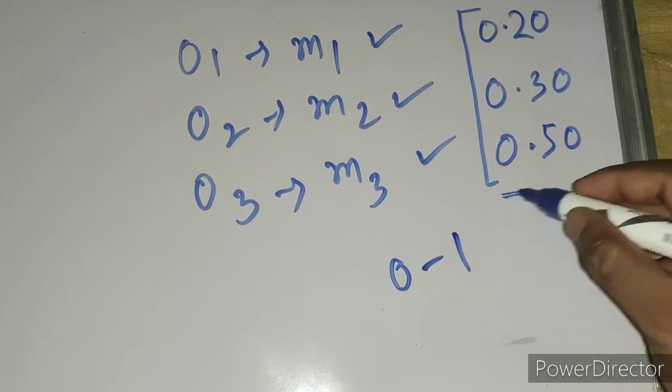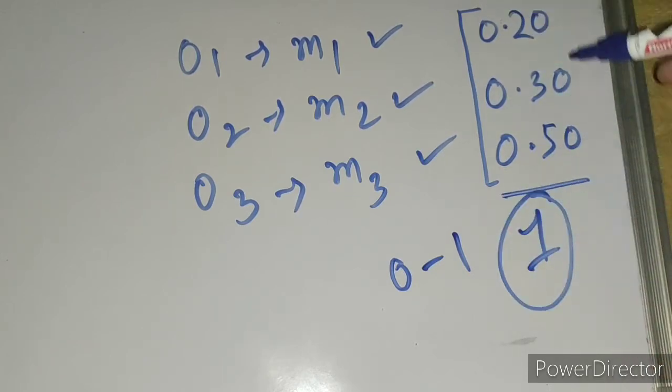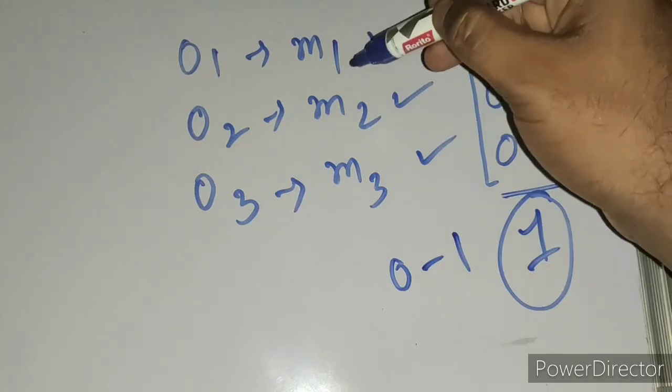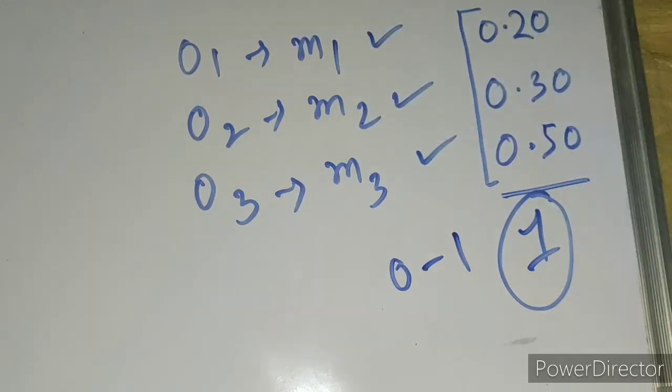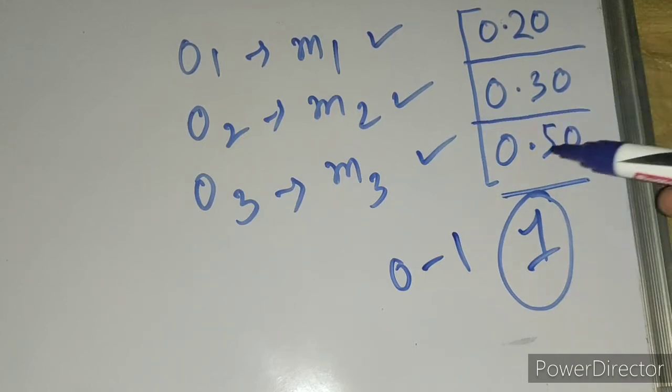If you add them, it is 1. But separately, one has probability 0.20, one 0.3, and one 0.5. So the model which is giving the highest probability has to be considered for the output.